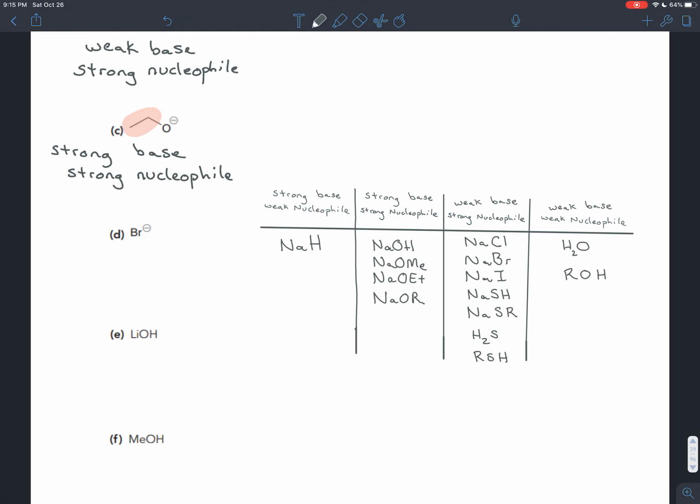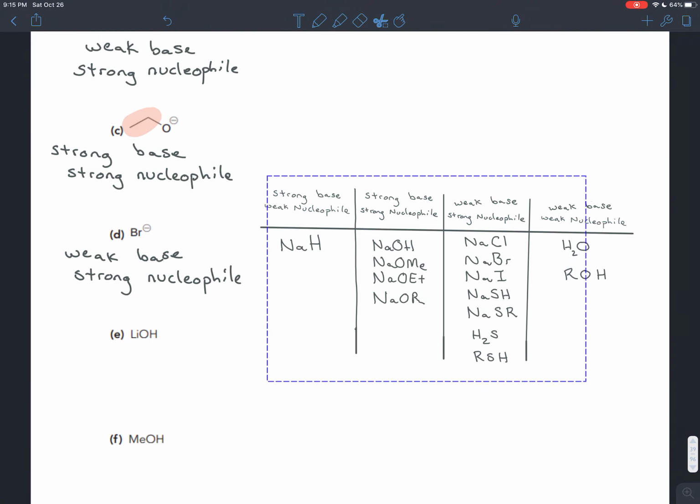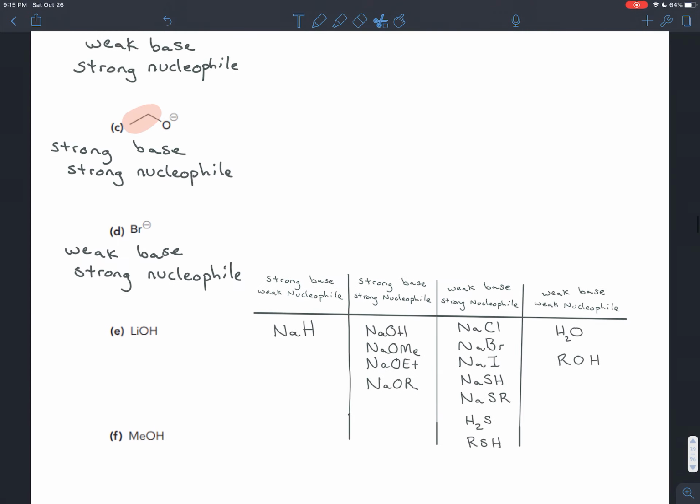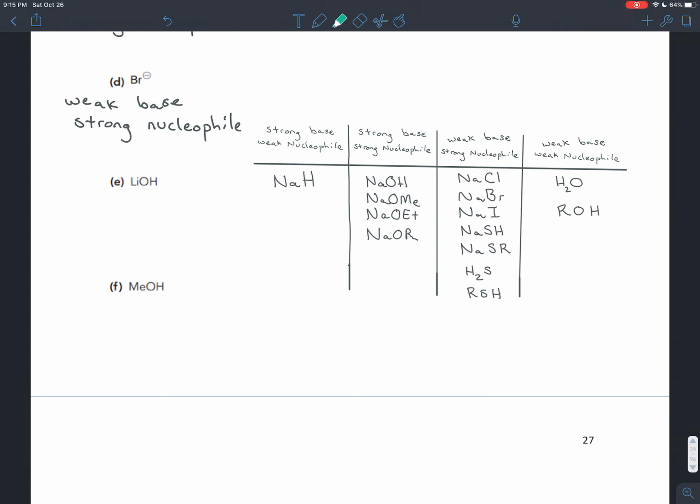But this is a weak base, strong nucleophile. Next, we have lithium hydroxide, and you can see that the lithium there is not really important. It's a metal, so it's going to give its electrons away, and what we really have is OH-, and that is a strong base and a strong nucleophile.